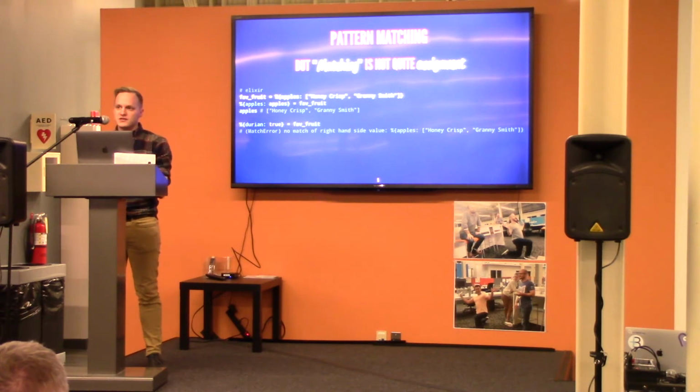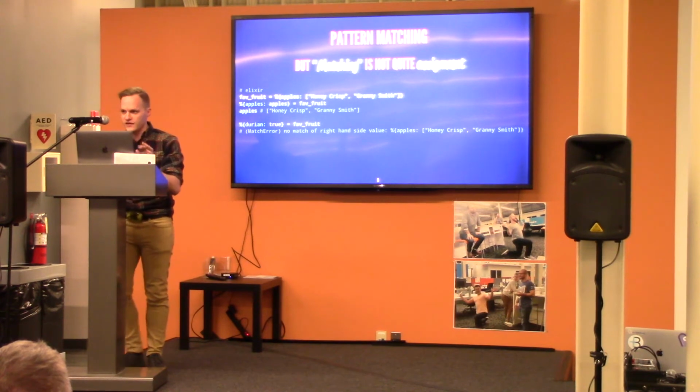It's not been set. I will make sure that there's nothing else to match against, and then I'm going to make a variable in memory called favFruit, and then set whatever's on the right to the left. The reason why I bring up if there's anything else to match against, you'll see in a sec. So if you've got favorite fruit, I like Honeycrisp and Granny Smith in that order.